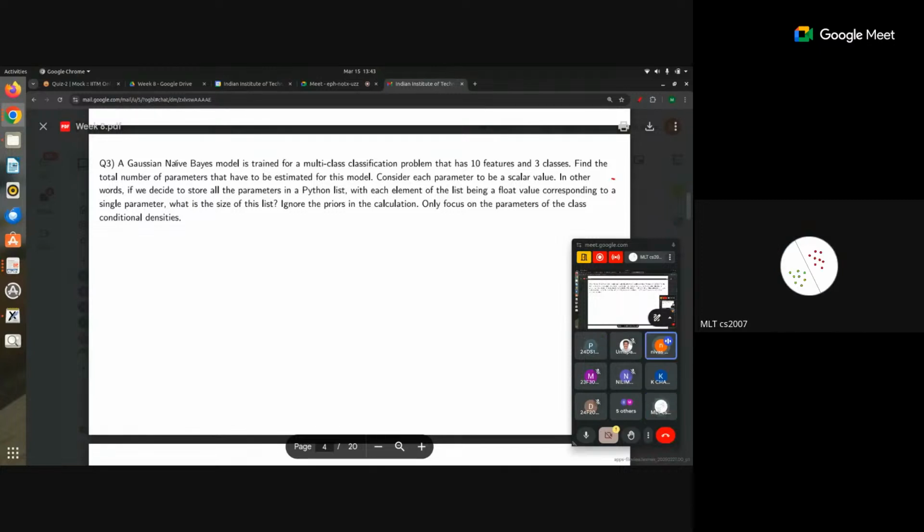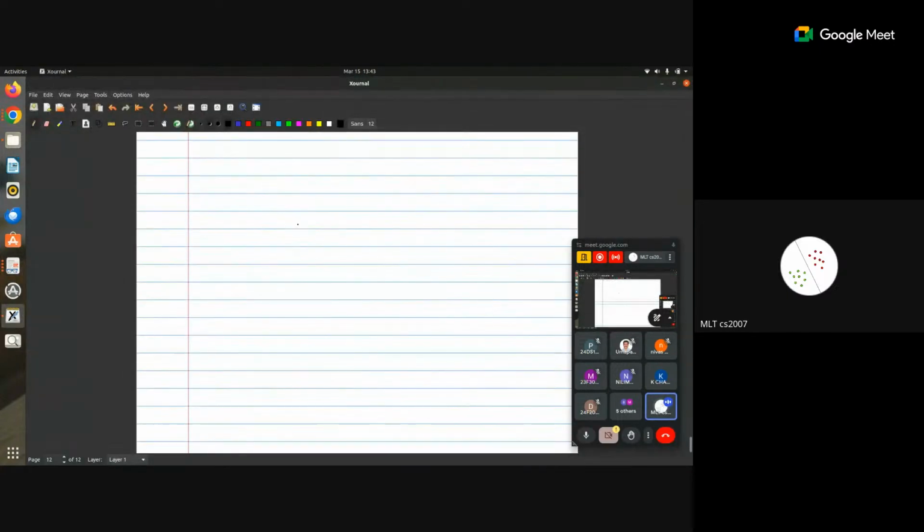since it is Gaussian naive Bayes, each feature, if it is a Gaussian feature, will have 2 values, right? One is mu and the other is sigma square, the variance. Generally we find this mu and sigma pair for each class.